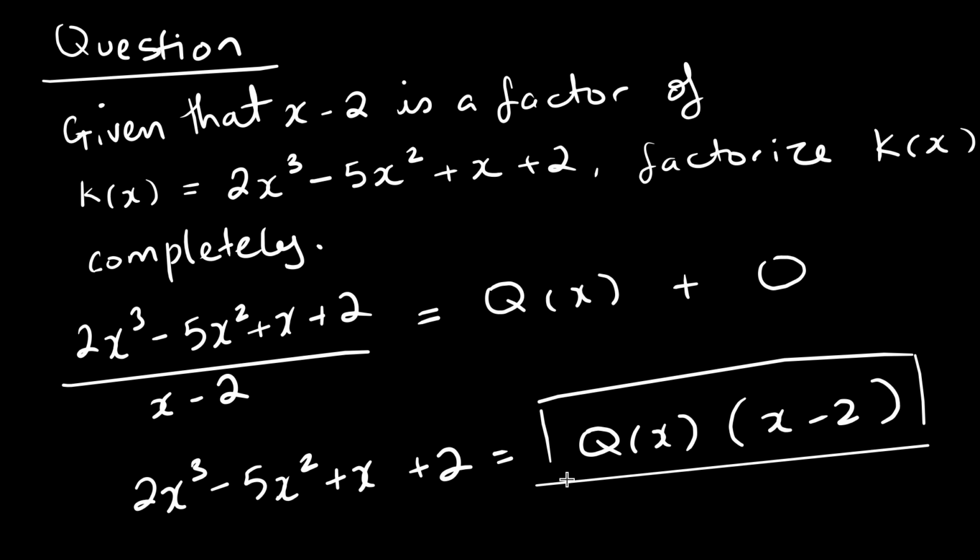It's another way that we can write our dividend as a product of the divisor and the quotient, because of course the divisor x minus 2 is a factor of our dividend. All right, now that being said, let's make some space and let's see what the division looks like, because we know the process, right? We've done the long division before and we're comfortable dividing. So let's write it out.